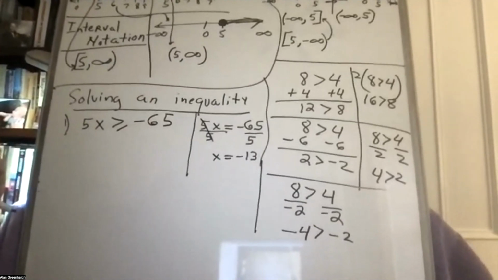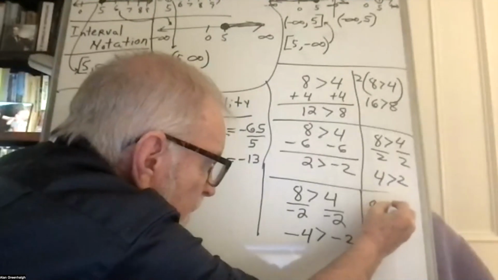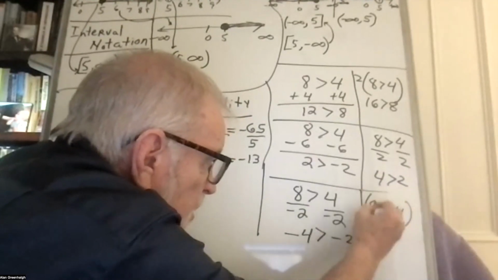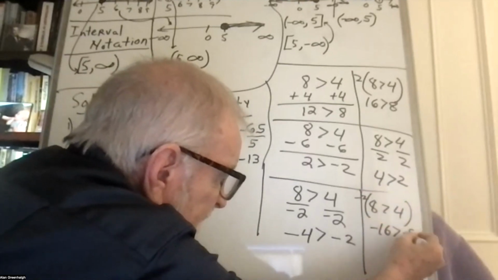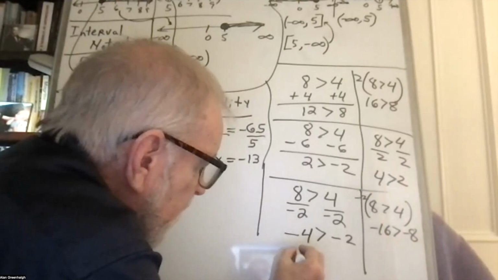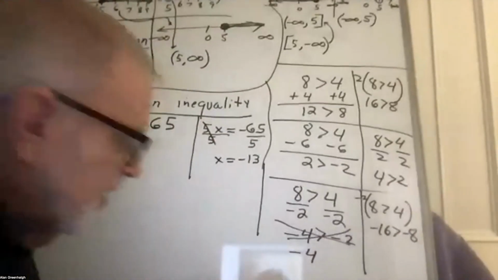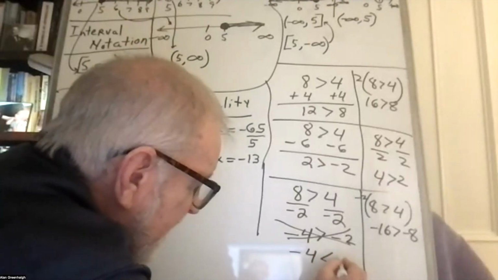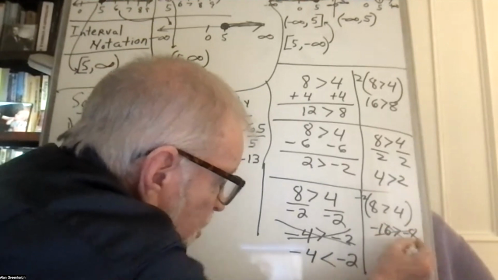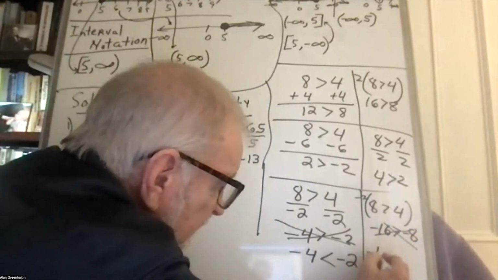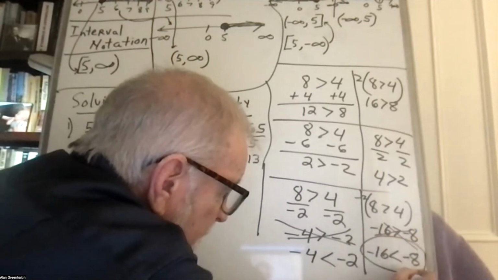No. It is not. And it is also not true when you multiply. -4 is not greater than -2. -4 is less than -2. -16 is not greater than -8. -16 is less than -8.